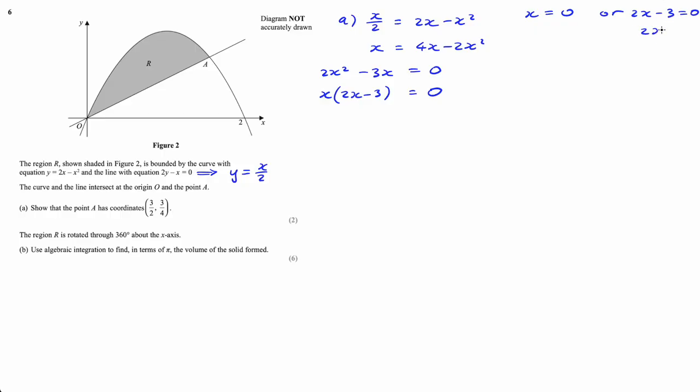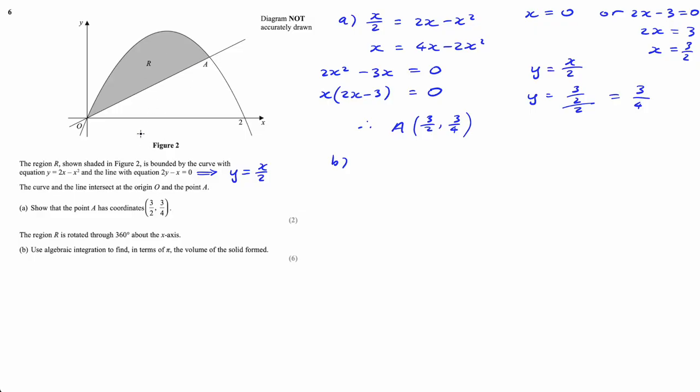And here 2x equals 3, x is equal to 3/2. So that's our 3/2 here. But we know y is equal to x over 2, so y is equal to 3/2 over 2, which is 3/4. Therefore, A is 3/2, 3/4.